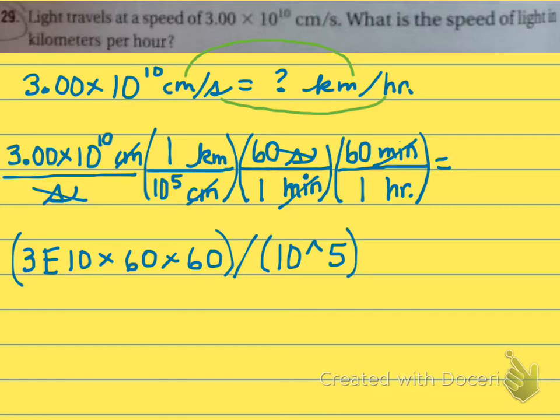So when I do 3E10 and then I'm going to divide that by 10 to the 5th, you should get 1.08 times 10 to the 9th kilometers per hour.